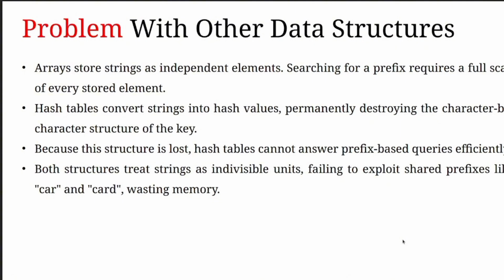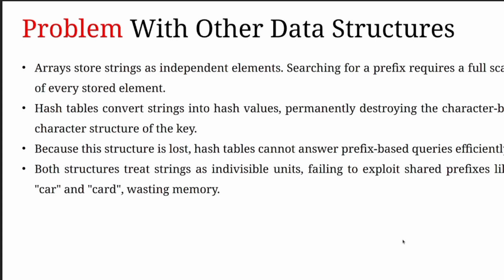Hash tables are very fast for exact searches, but they do not keep the character by character structure of a word. Because of this, prefix searching becomes difficult. Also, words such as car, card, and care share common letters, but arrays and hash tables store them separately, which can waste memory.